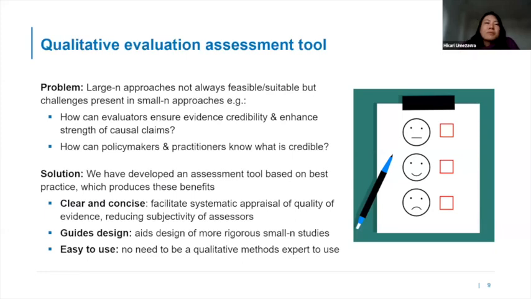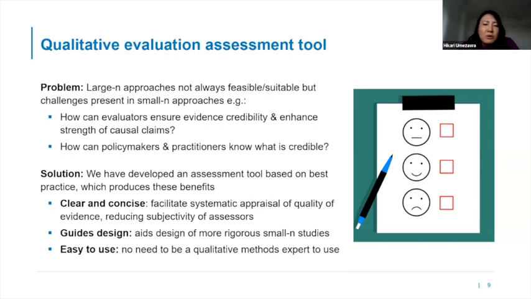So I'm going to talk about a bit of background. Typically, in evidence gap maps, we focus on quantitative impact evaluations that use larger N approaches, such as experimental or quasi-experimental study designs.